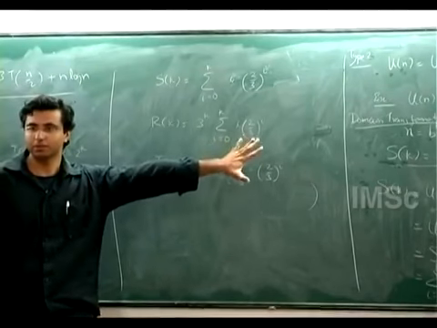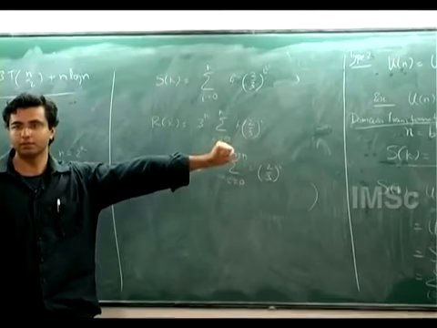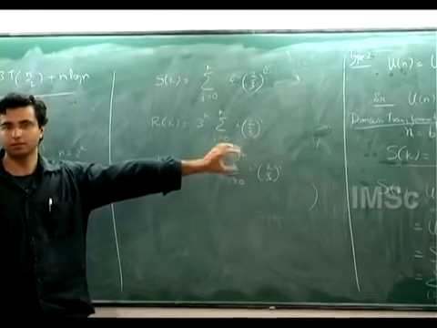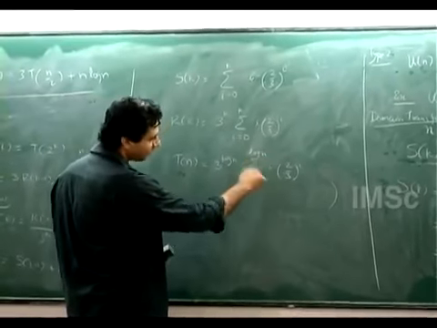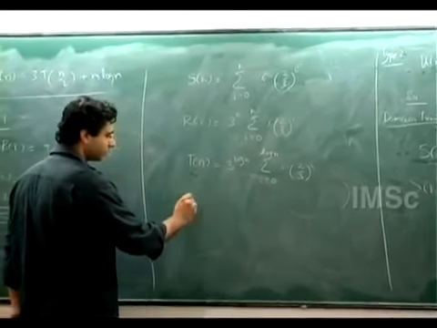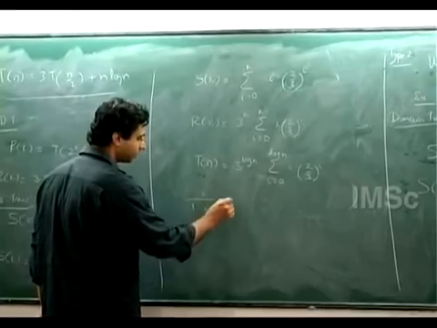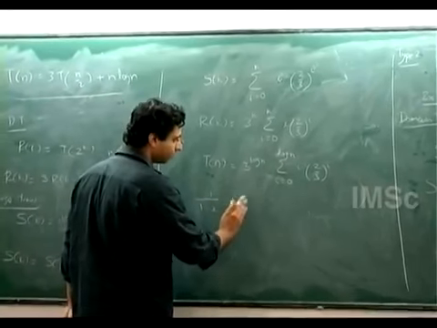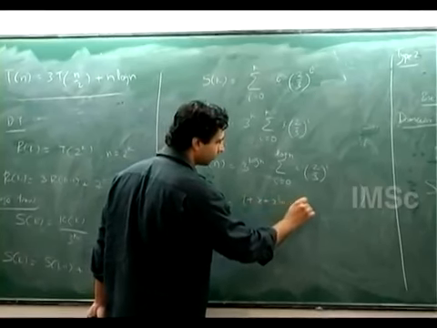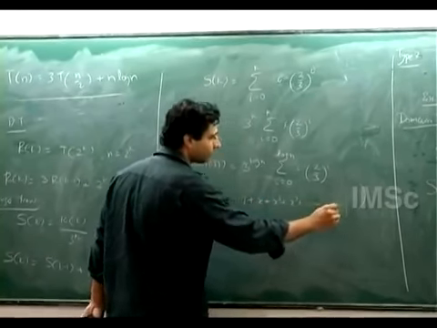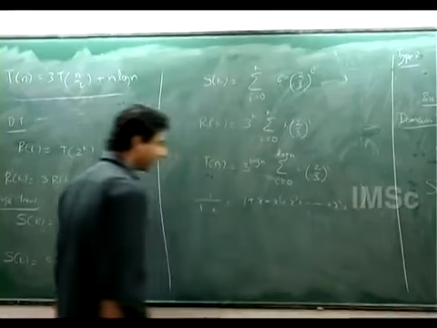Okay, how do we bound this sum? Earlier we had just a geometric sum, now we have this i. The property we use is that the geometric sum has this form: 1 plus x plus x square plus x cube plus so on, x raised to i plus so on.